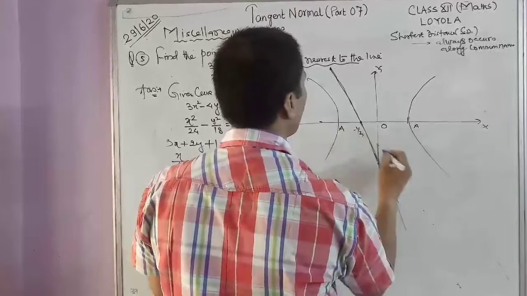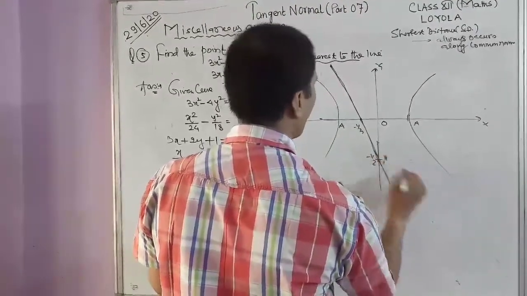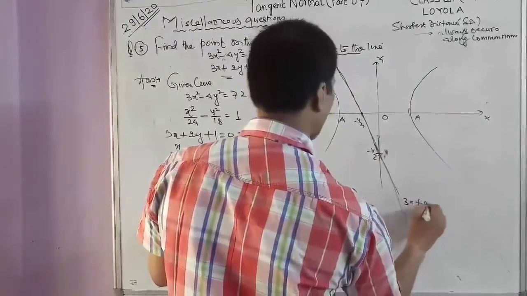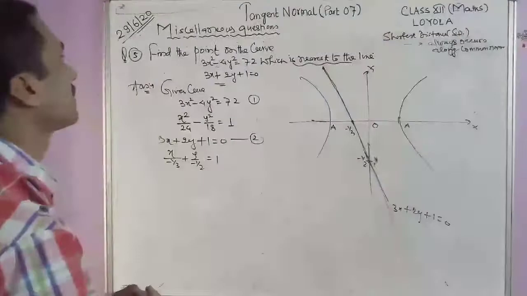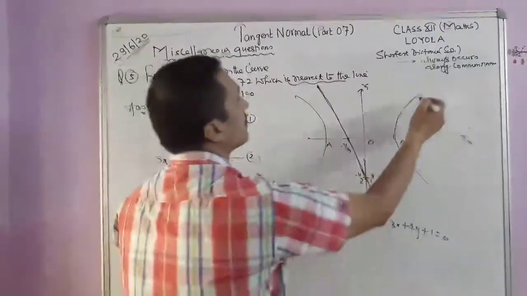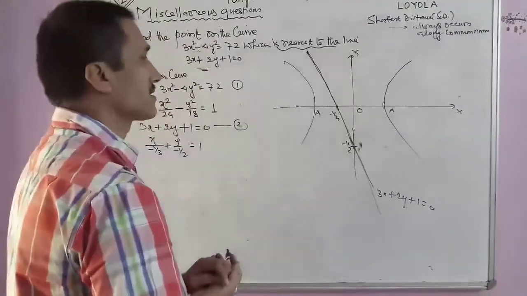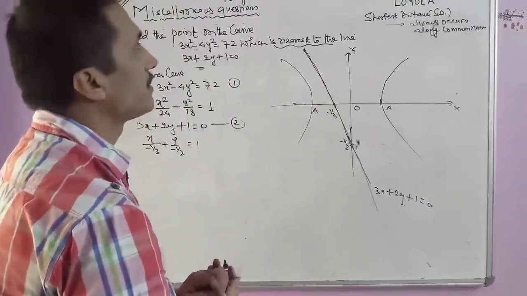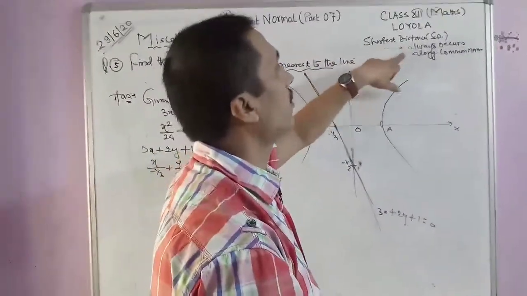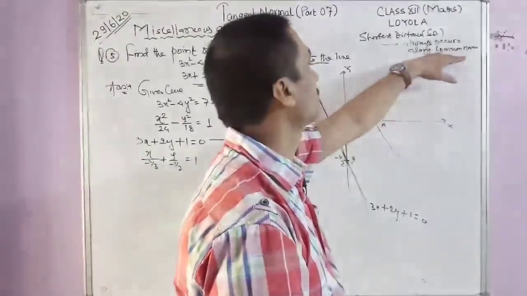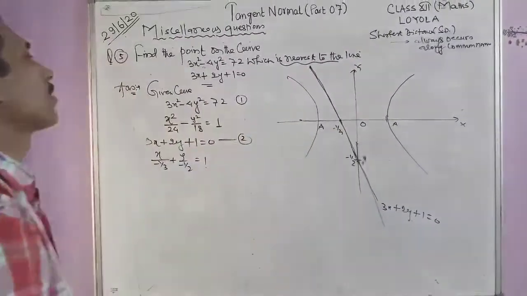We have to find the point on the hyperbola which is at the shortest distance. Obviously, the shortest distance between two curves always lies along the common normal.